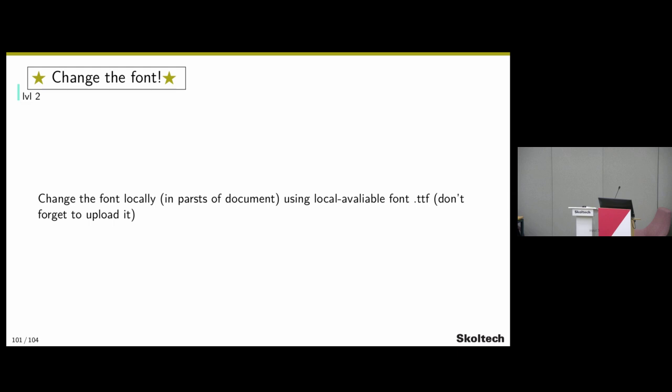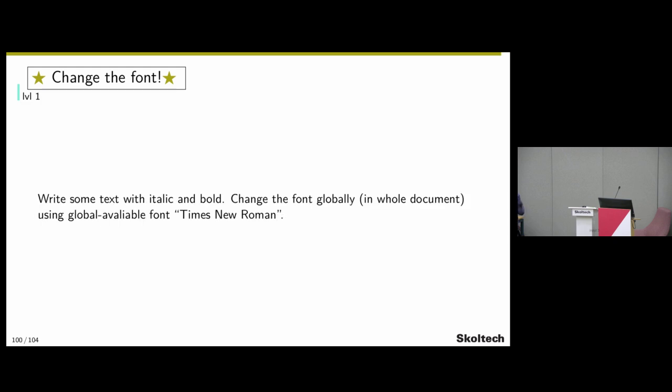All you need is to find in this slide how to use in LaTeX a globally installed font, for example, Times New Roman. Do you know Times New Roman font? Yeah, so it's installed in Overleaf, so you can use it. Just you need to find how to see it in the presentation.